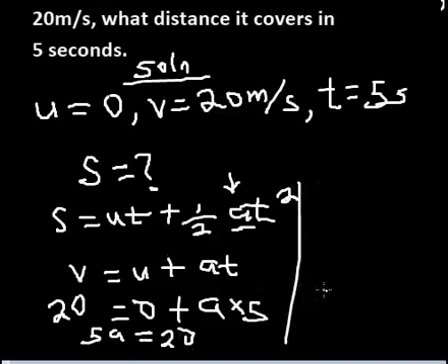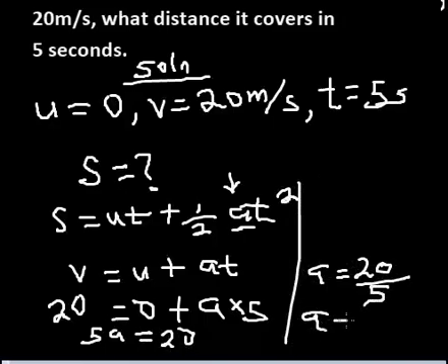Which simply means that a will be equal to 20 over 5, which of course is a equal to 4 meters per second square.